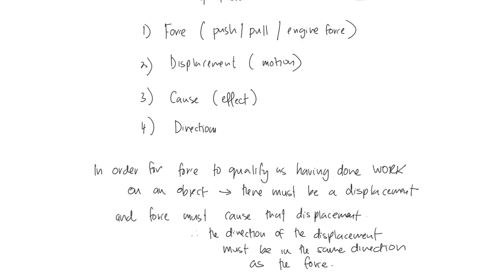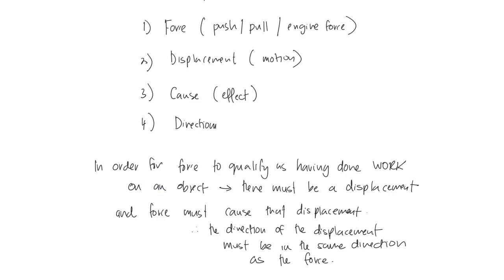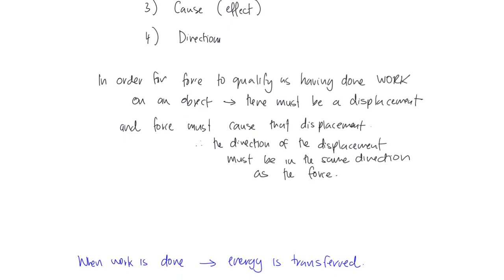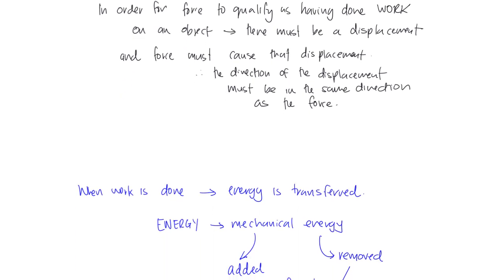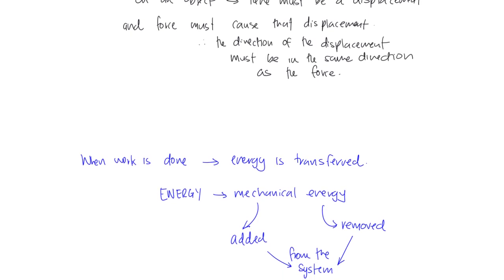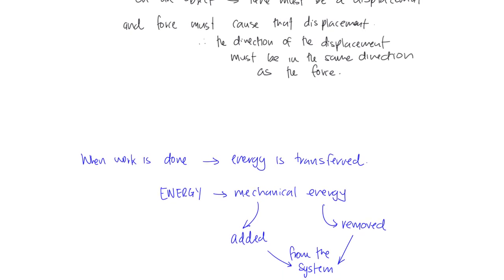So when we're looking at the concept of work, we also look at the concept of energy. We say that when work is done, energy is transferred. Now, the energy we're referring to is mechanical energy. That mechanical energy can be added to the system or removed. Now, in terms of energy, there are different types of energy.